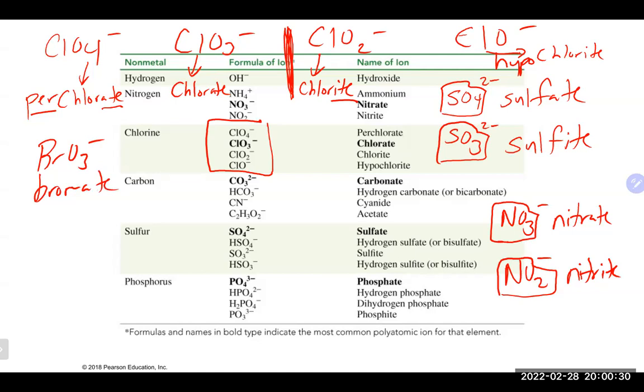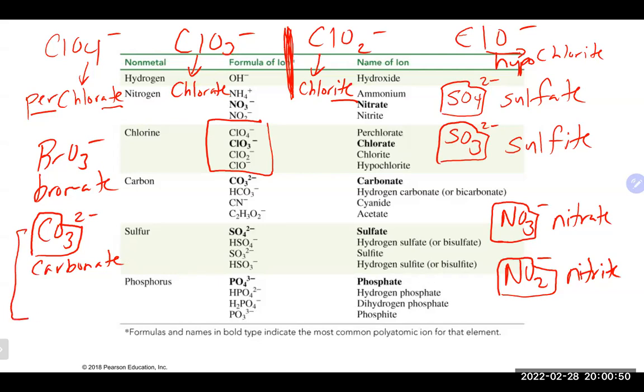The other common thing that you will see is sometimes we will put a hydrogen or an H plus in front of somebody on the list. So for example, if we look at CO3 2 minus, that is 1 carbon, 3 oxygen with a -2. That is what is known as carbonate.